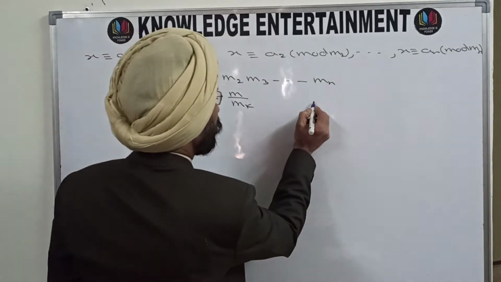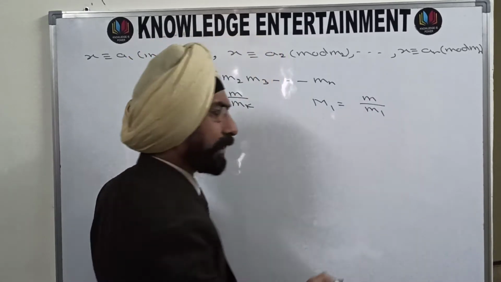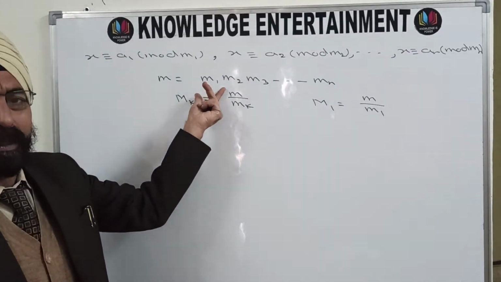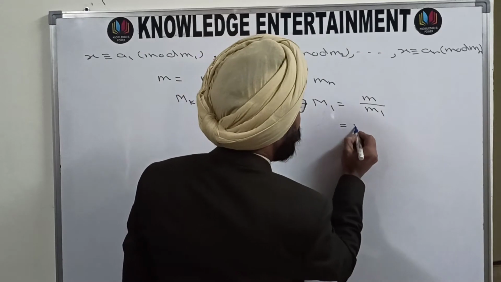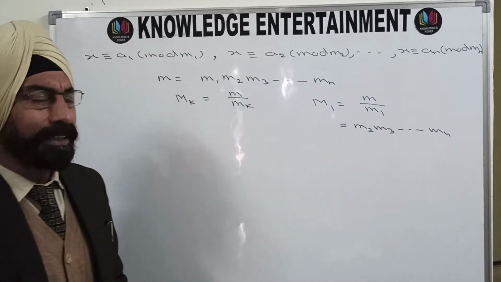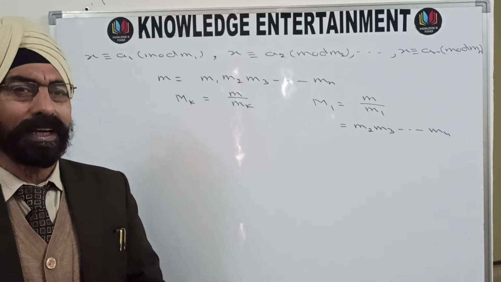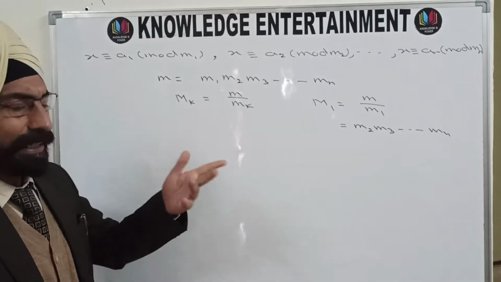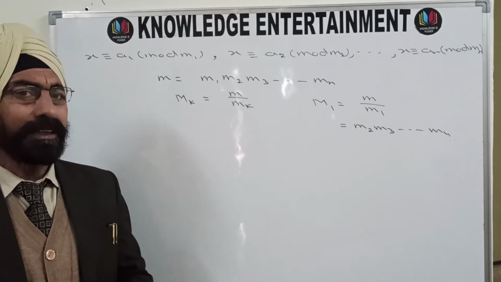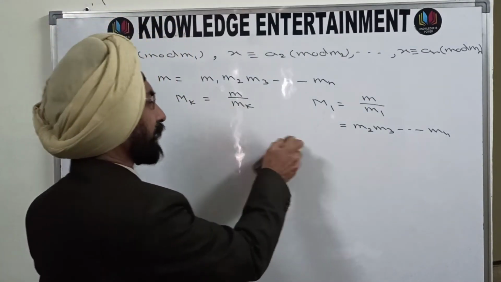That means capital M1 is small m divided by small m1, and when you divide m by small m1, m1 is cancelled out and the rest of the numbers remain in the product: m2, m3 and so on, mn. Similarly, in capital M2 you will not have small m2, but the product of the rest of the small mi's. Similarly, in Mk you will have the product of all small mi's leaving out small mk, and this is how we are defining Mk.